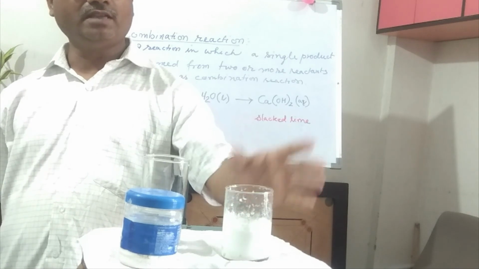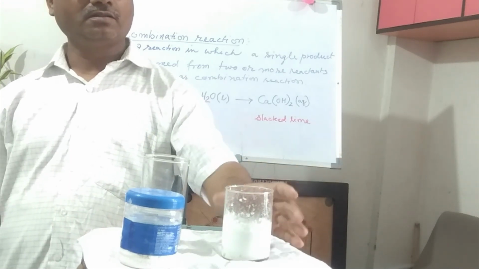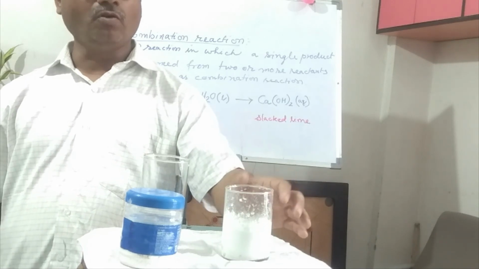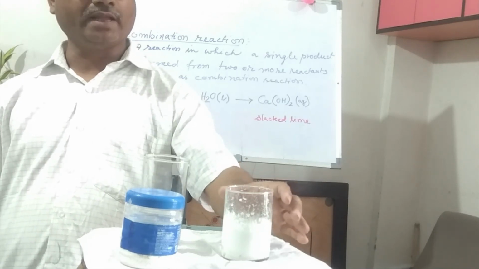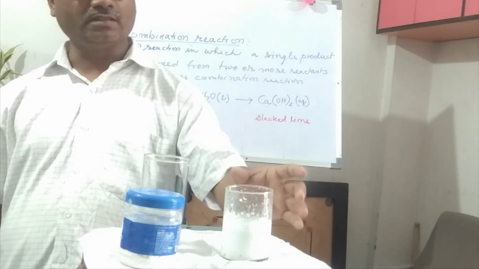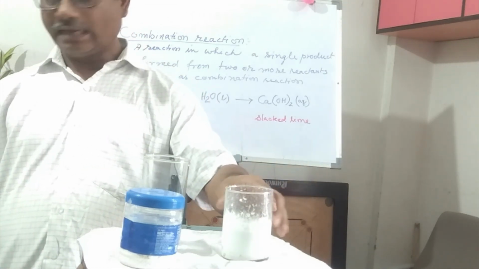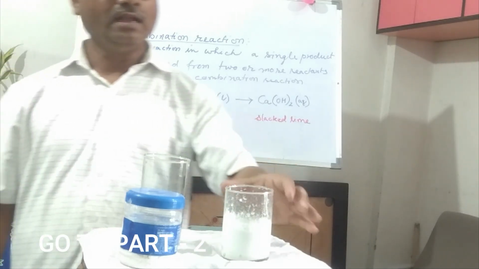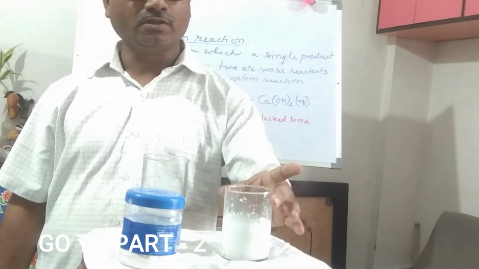I cannot touch the beaker. So heat. Don't practice at home without care of your parents. It is very hot. I cannot touch it. So calcium hydroxide is produced from calcium oxide and water, and heat is produced. Very hot.